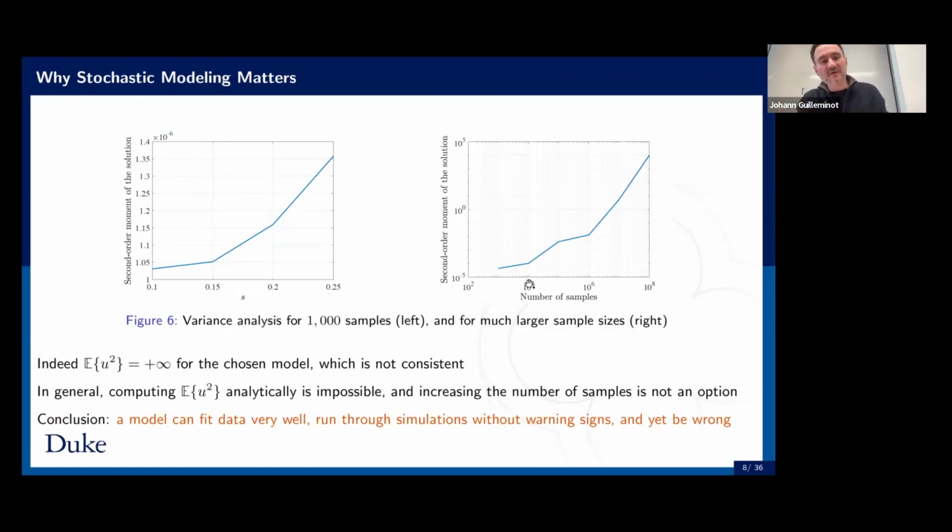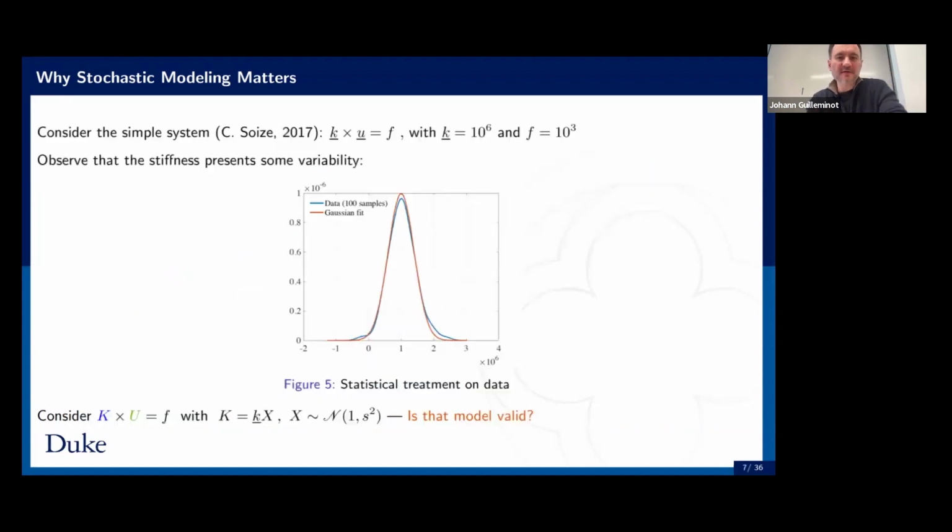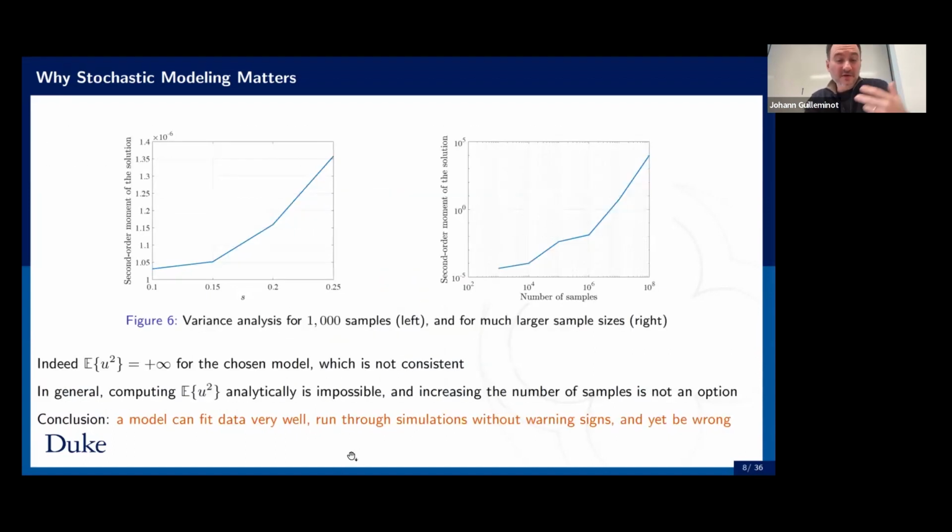So the conclusion of this is that, in particular now where everything has to be data-driven somehow, you can have a model that is going to fit your data. If you just take a Gaussian model, your model is always going to run. It's going to just return your number. No warning sign, and yet the model is wrong.